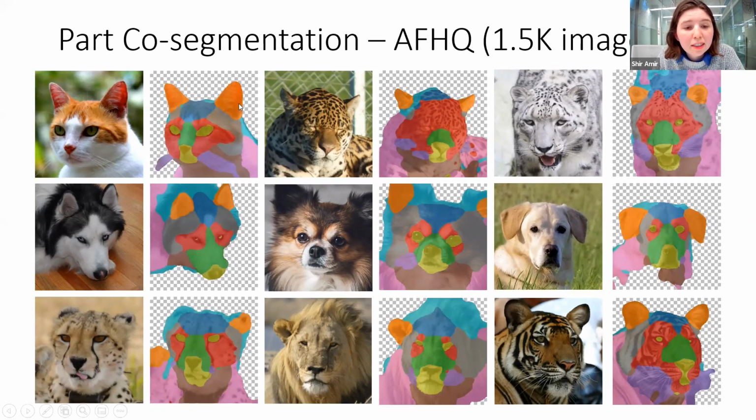So there is a single class that evidently belongs to all the ears. There is a class that belongs to all the foreheads here in blue, a class that belongs to the muzzles, the eyes, the whiskers. And to the best of our knowledge, this is actually the first method that is able to produce part co-segmentation in a way that is consistent across classes.